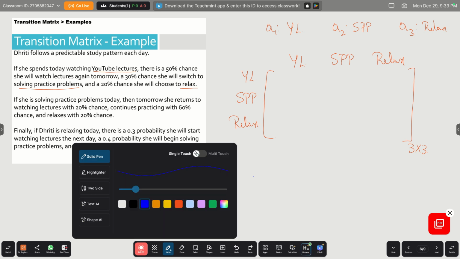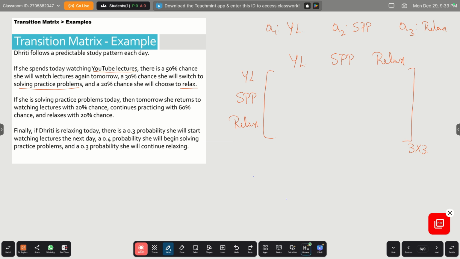Now I'll read this. Suppose she watches YouTube lectures. There is a 50% chance she will watch the lectures again tomorrow. That means today if she has watched YouTube lectures, the probability is 0.5 that tomorrow also she is going to watch YouTube lectures.